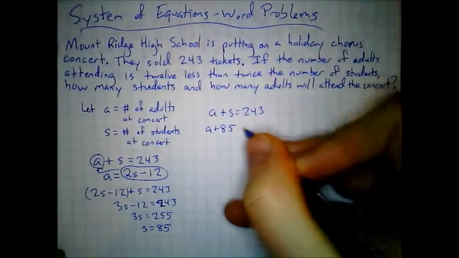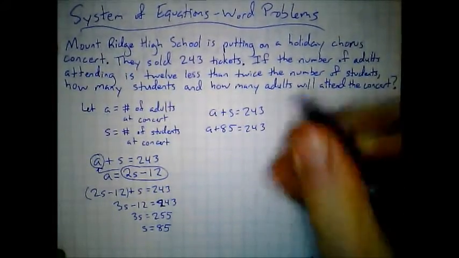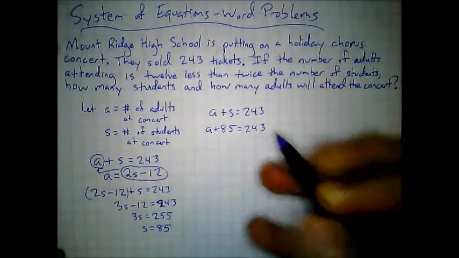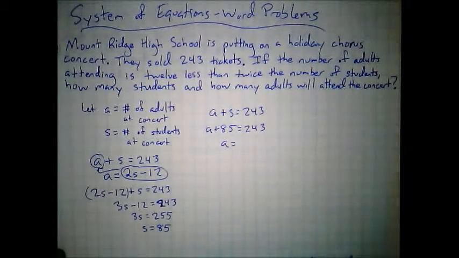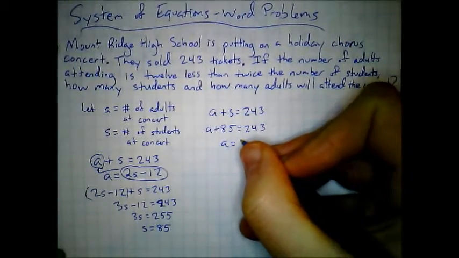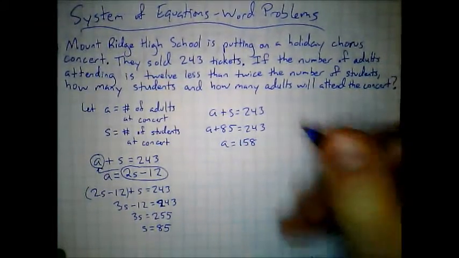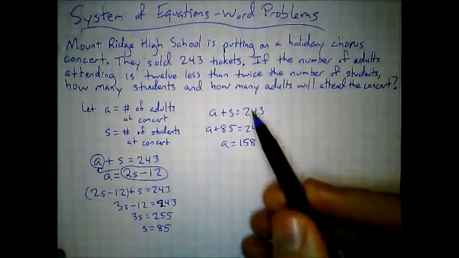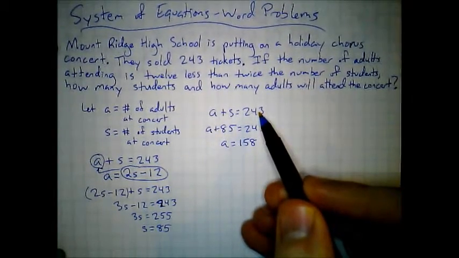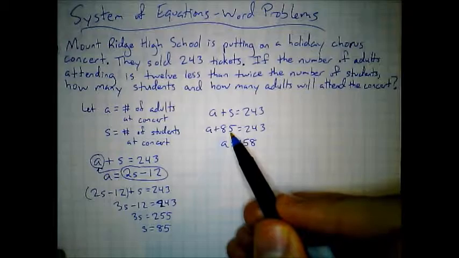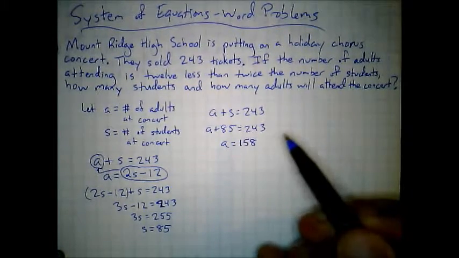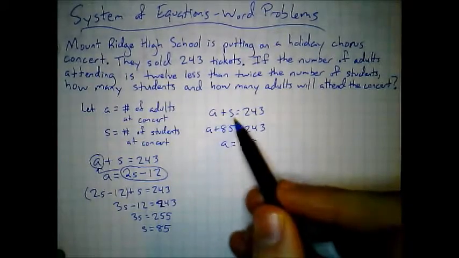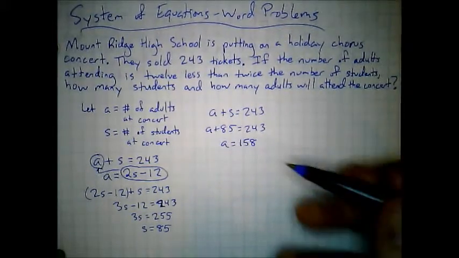So if 85 students attended, we're simply going to do 243 minus 85 to get the number of adults attending, which is 158. Okay, we just subtract 85. This is very intuitive. The total number of people is 243, so if 85 students attended, 243 minus 85 means 158 adults had to attend, because A plus S, the adults and the students, had to be 243.